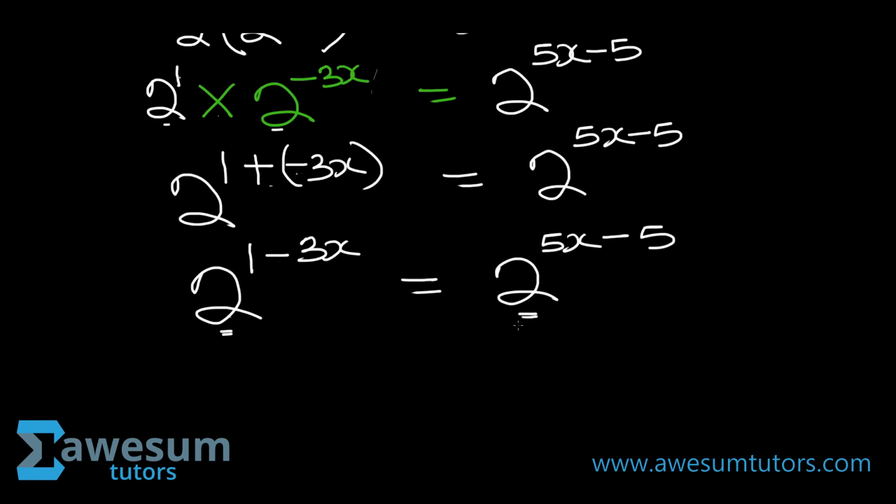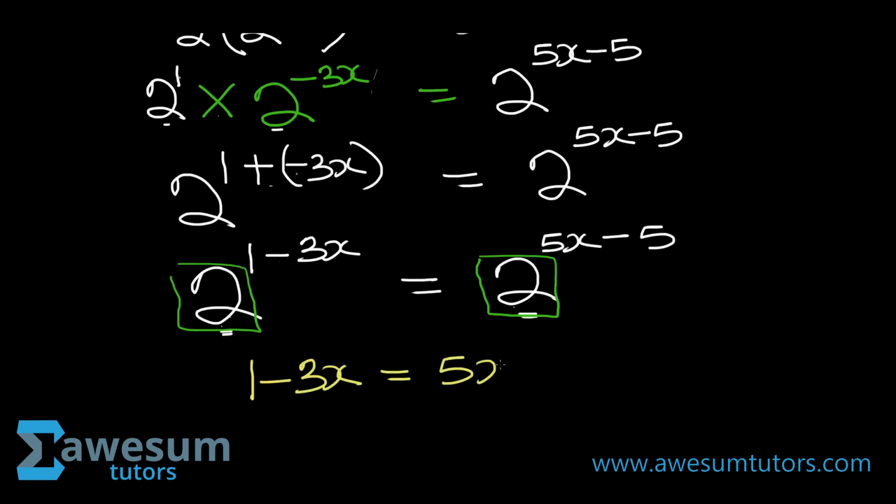Now, in an exponential equation, take note, since you have the same base on both the left-hand side and the right-hand side, you are going to equate the powers. So that means I'm going to have 1 minus 3x equals 5x minus 5.